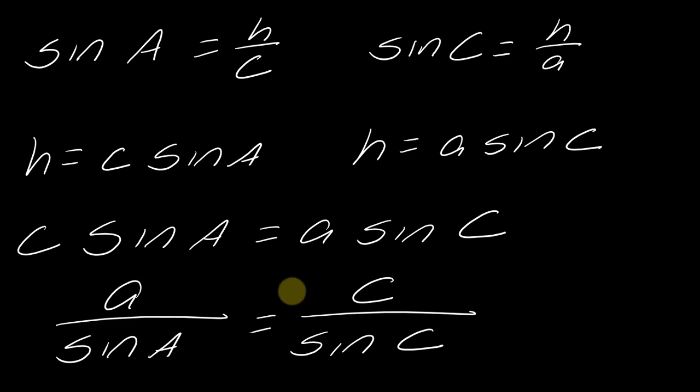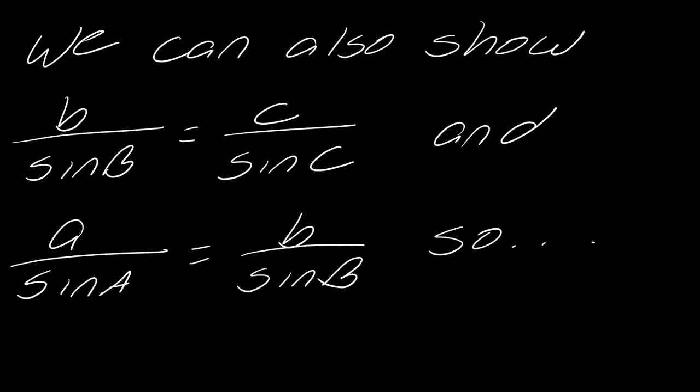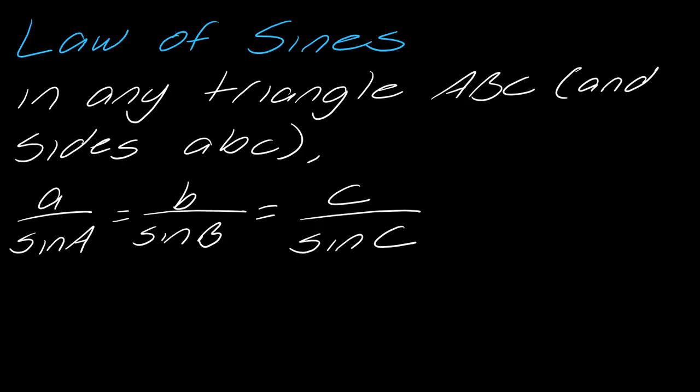This shows us a relationship between the angles and the sides of our triangle. And using similar logic, we can also show that b over sine of B equals c over sine of C, and a over sine of A equals b over sine of B. I'm going to skip over that, but same logic. And so this creates what's known as the law of sines. So in any triangle ABC, with sides little a, little b, little c, we have this relationship. This is the law of sines.